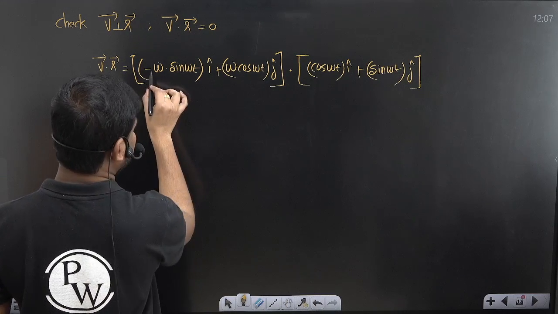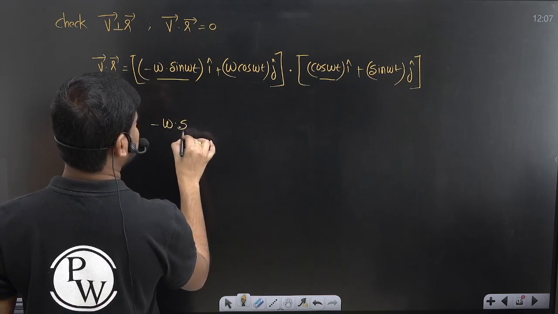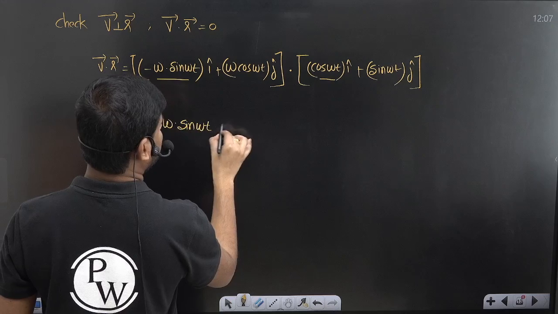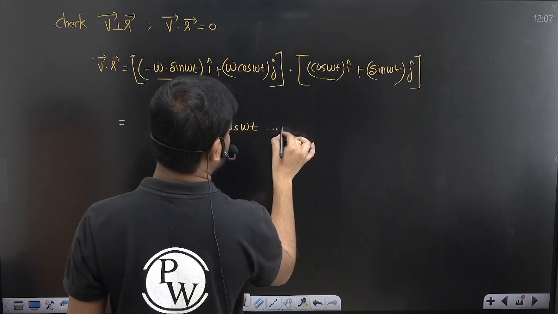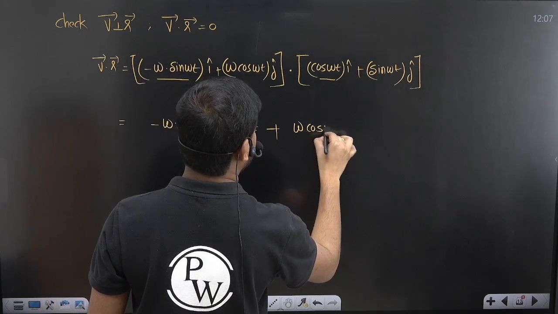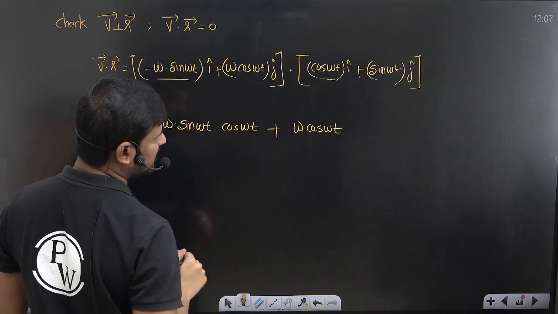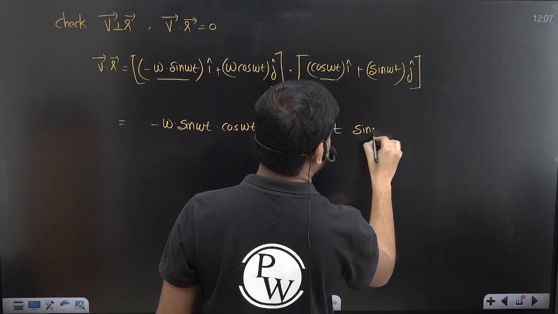What is I dot I? It is 1. So minus omega into sin omega t into cos omega t, plus, j dot j, omega cos omega t into sin omega t, since the j coefficient is sin omega t.